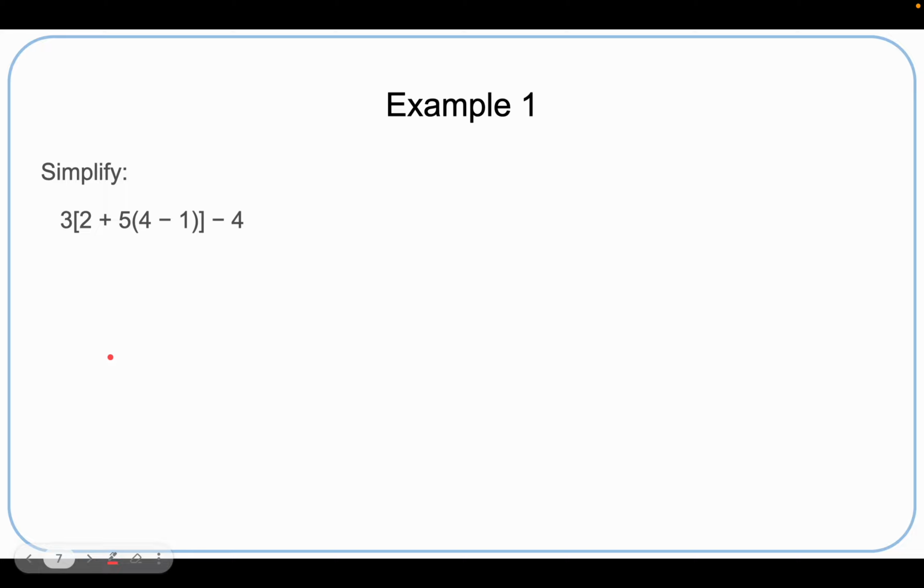First example here. Okay, we see we have multiple sets of symbols of inclusion. So we're going to start with this 4 minus 1, which is the innermost set. So I'm going to just rewrite this, doing that first operation. So 3 and then brackets, 2 plus 5, and then in our parentheses we have 4 minus 1, which is 3.